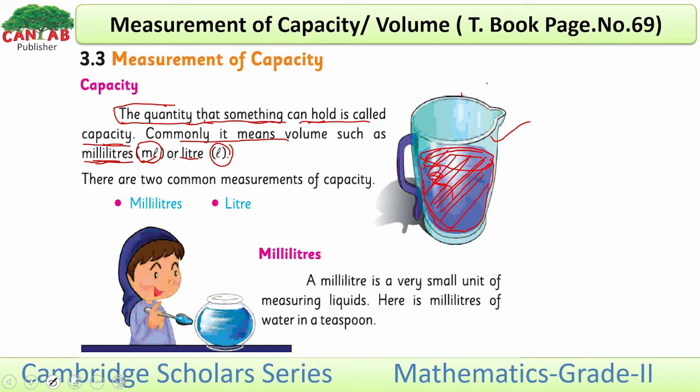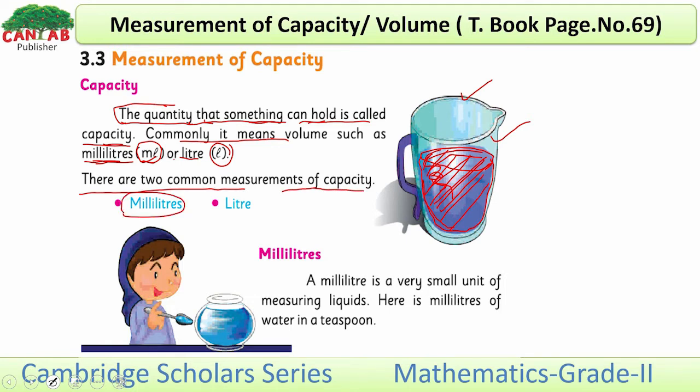Something means it may be jug, it may be glass, it may be tank. In your home you can see the water tank. The capacity of the water tank is that how much water the water tank can contain. That is the capacity.